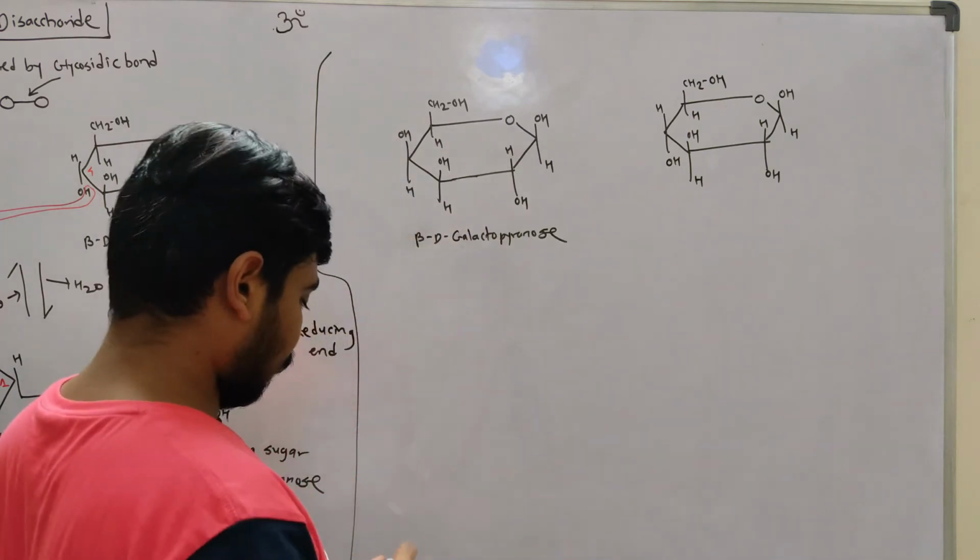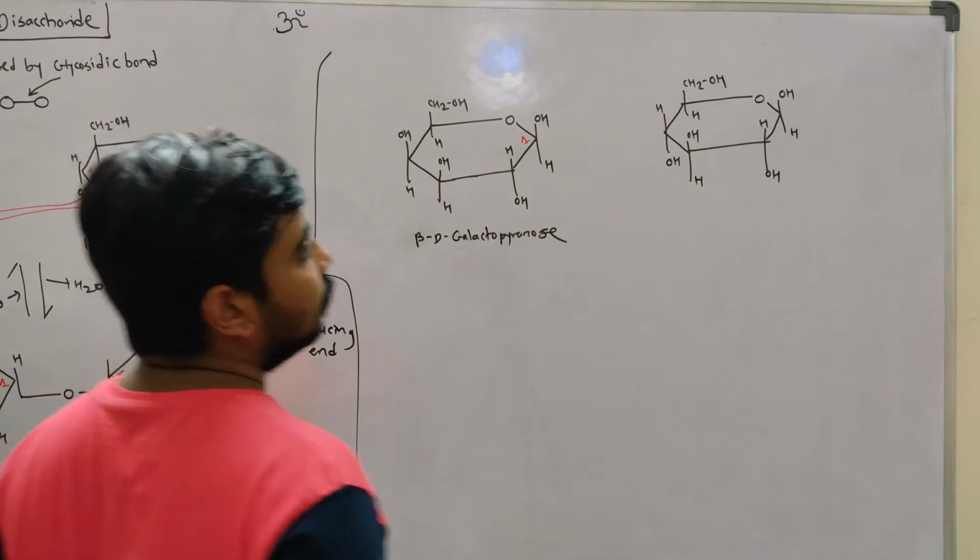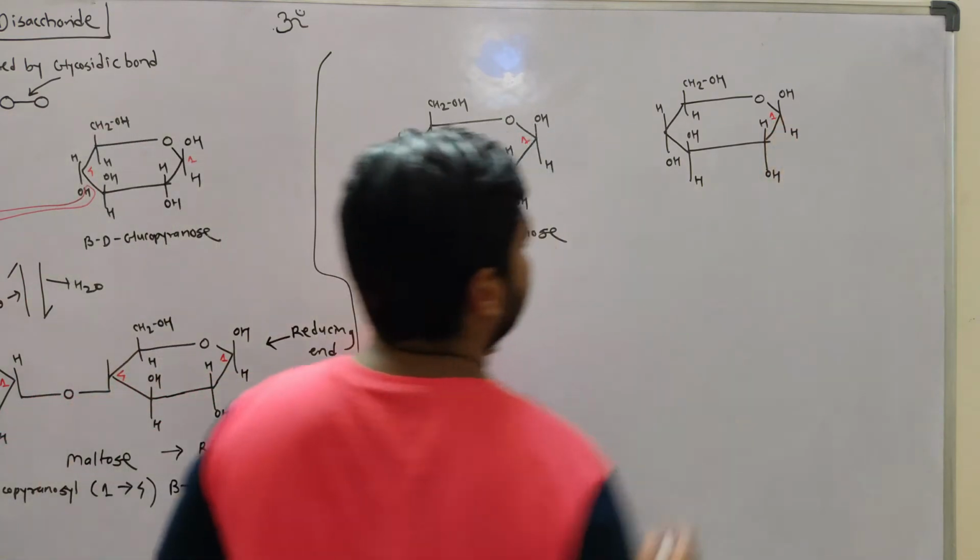This is the first anomeric carbon of galactose, this is the first carbon of glucose, and this is the fourth carbon of glucose.